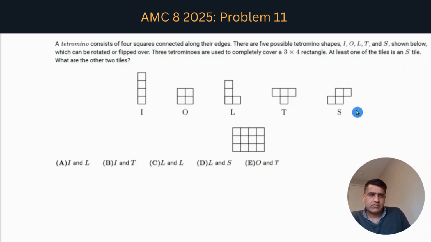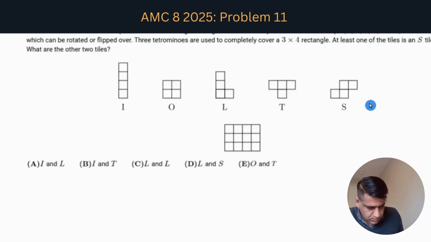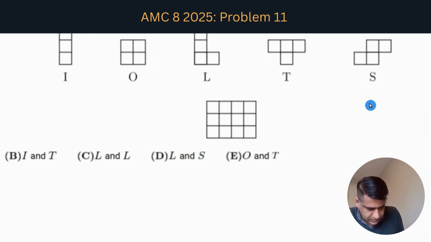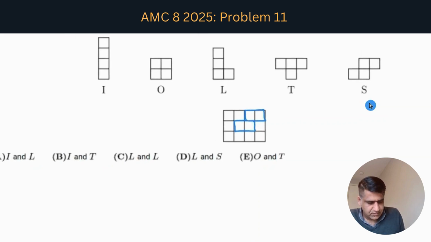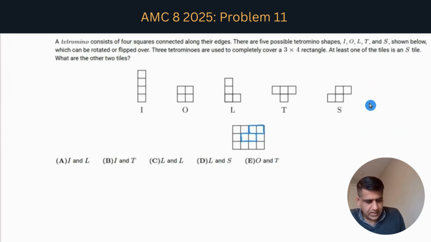So we are told that one of them is S, so we can make, let's say, an S tile here. Okay, so let's say that this is the S tile that we have. And now what we have to do, we will eliminate the other possibilities.